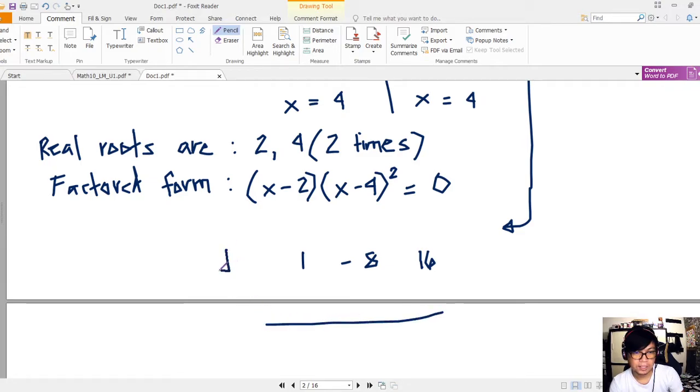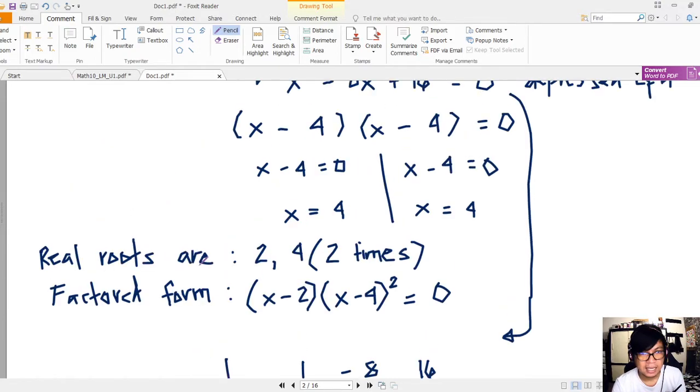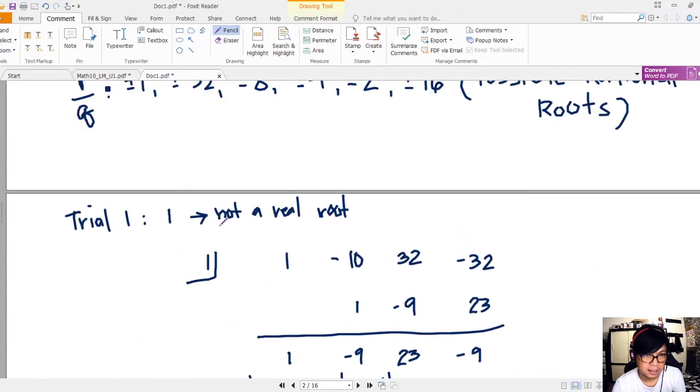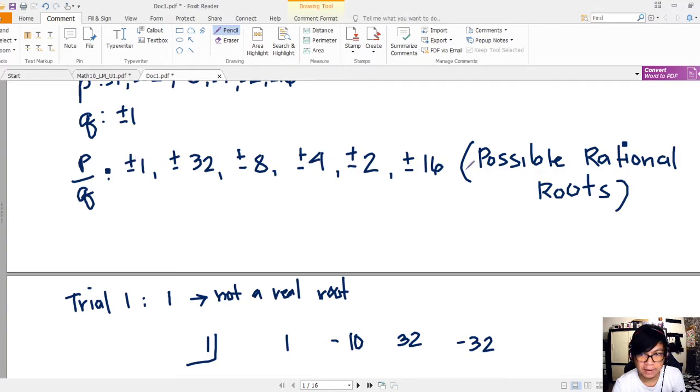So, dito yung mga trials. Magkakaroon naman tayo ng trials. Pero yung trials natin, instead of having 12 possible rational roots, since hanggang 16 lang man yung ating constant doon, so mawawala na itong si 32. So 16, ang factors niya is 8 and 2, 4 times 4 and 1 and 16.